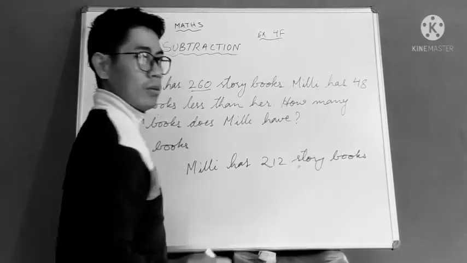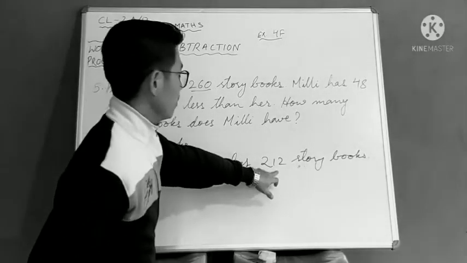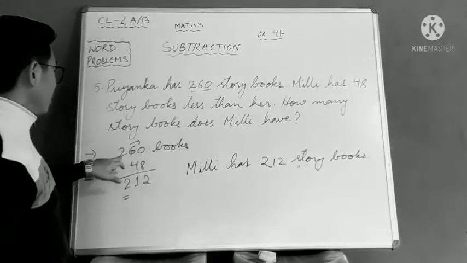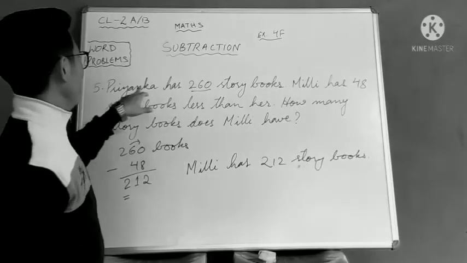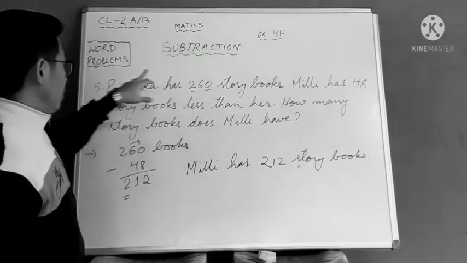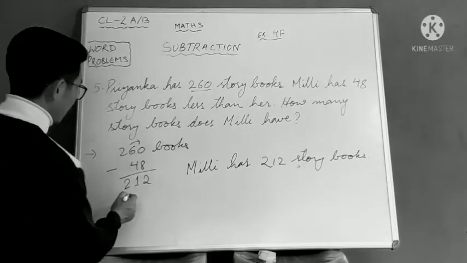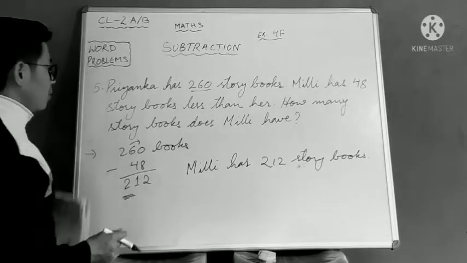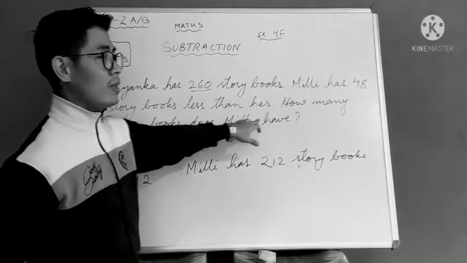Okay, so that means if you subtract 212 from 260, you will get 48, which is less than Priyanka. So you will just need to write this answer. The question is asking how many story books does Millie have.